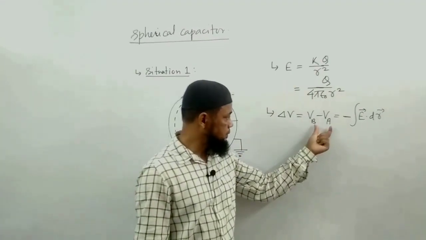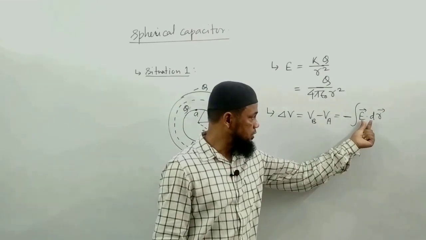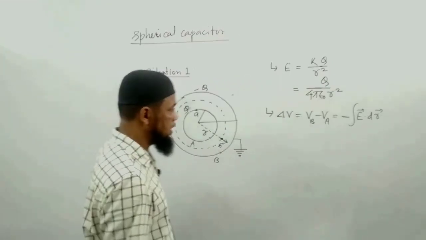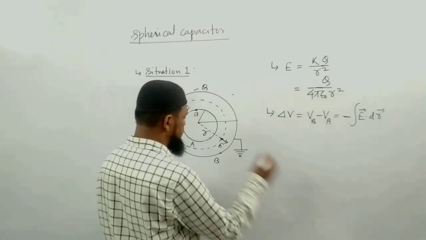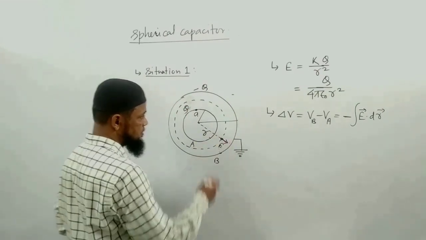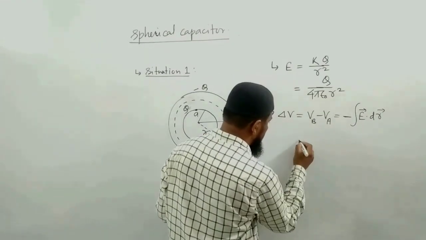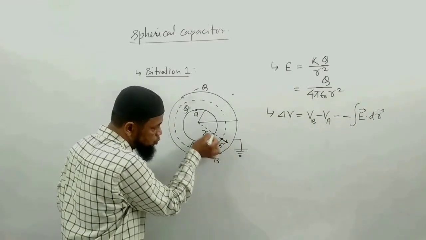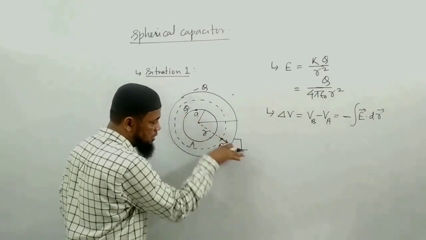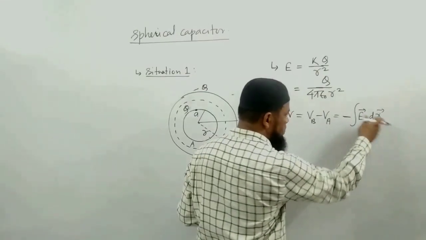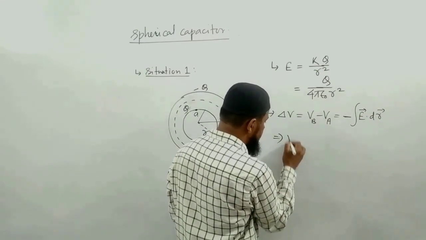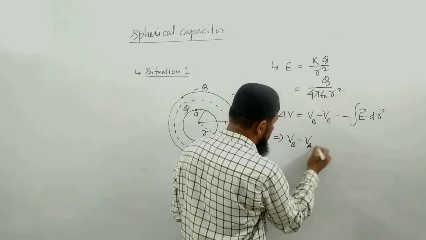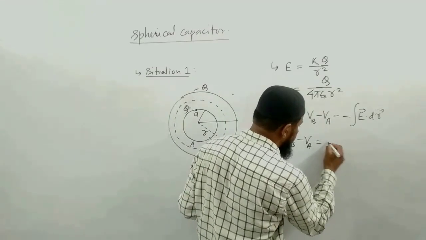Now the direction of the electric field is outward, and the direction of r is also outward, so E bar dot dr bar is equal to E dr.